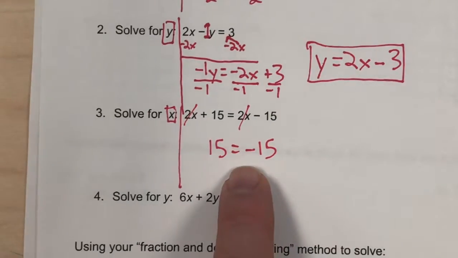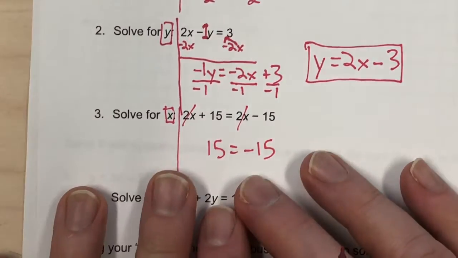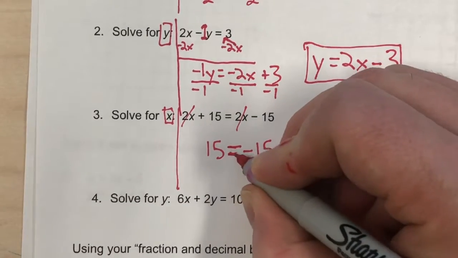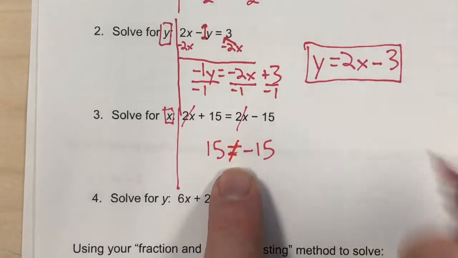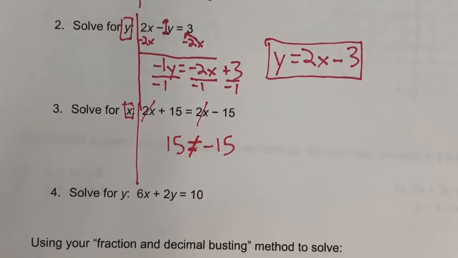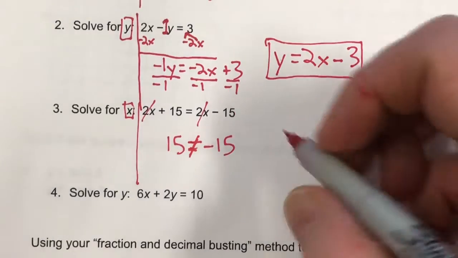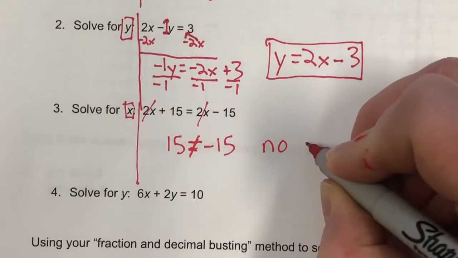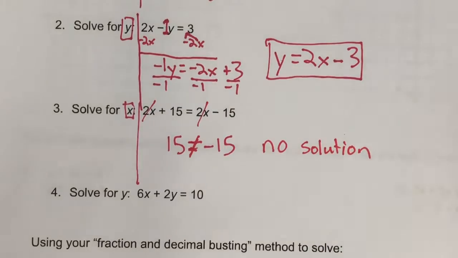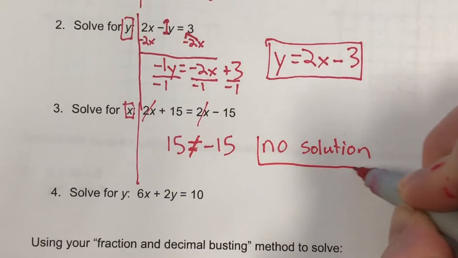Whenever you have something like this and you get rid of your variables and something doesn't equal something, I'm gonna put a big slash mark through this equal sign because that means not equal to. We can actually say there's going to be no solution to this. So this just does not work. So this is what you have to write for it.